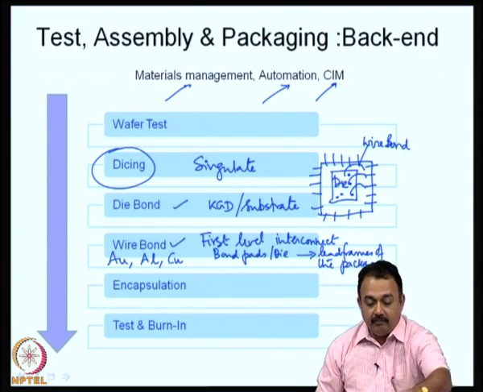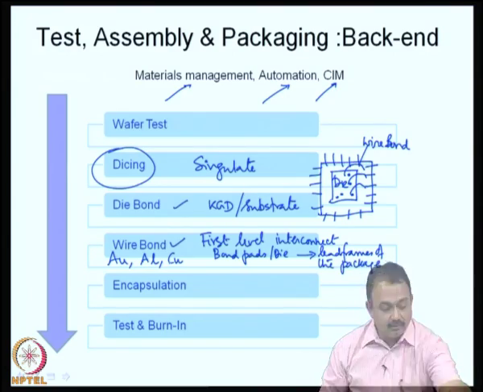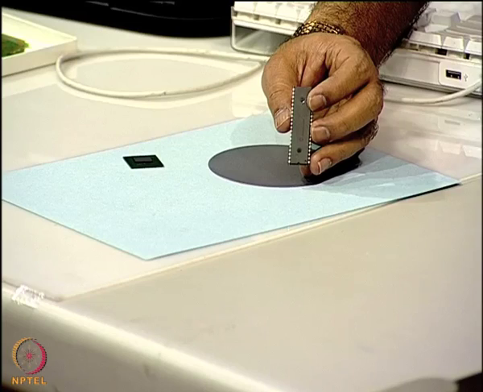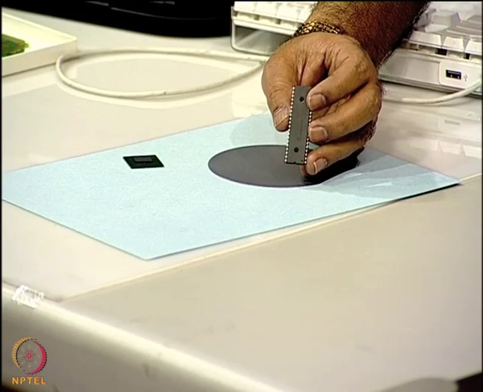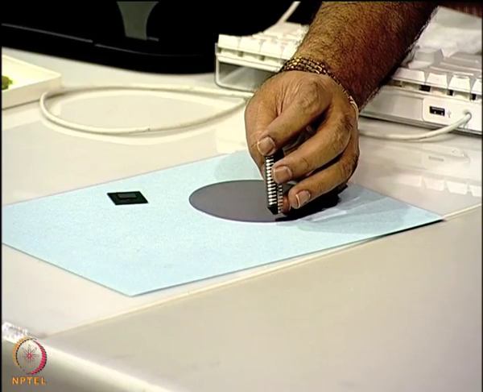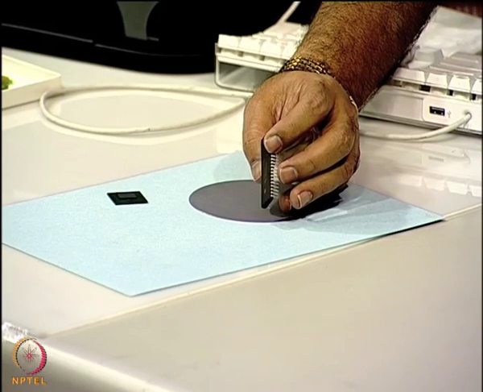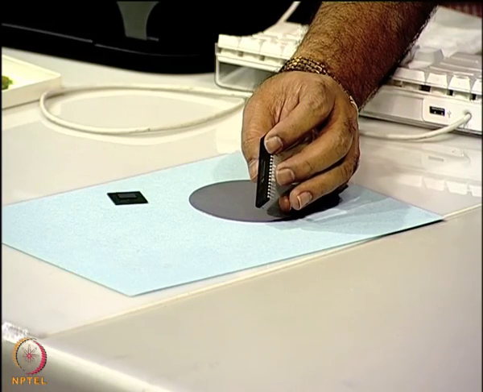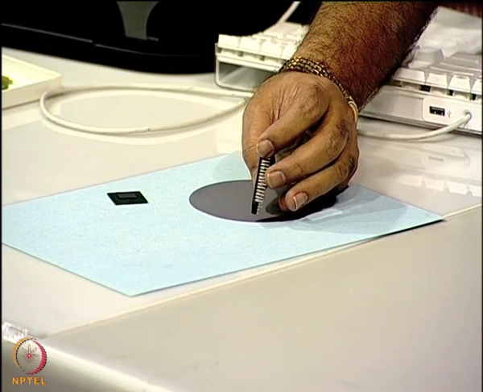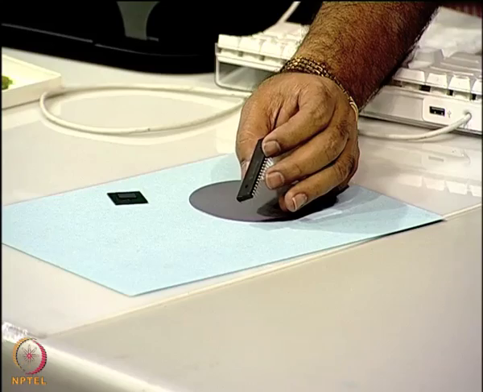If you open up any package, again I am going to show you this package which you have seen last time. If you are going to rip up this package and see, you will see the basic die that is mounted on this substrate, and then as you see here at the end, at the edges there are lead frames. So, what you expect if you open up and see is a wire bond connecting the die bond pad to the lead frame edges at the periphery.